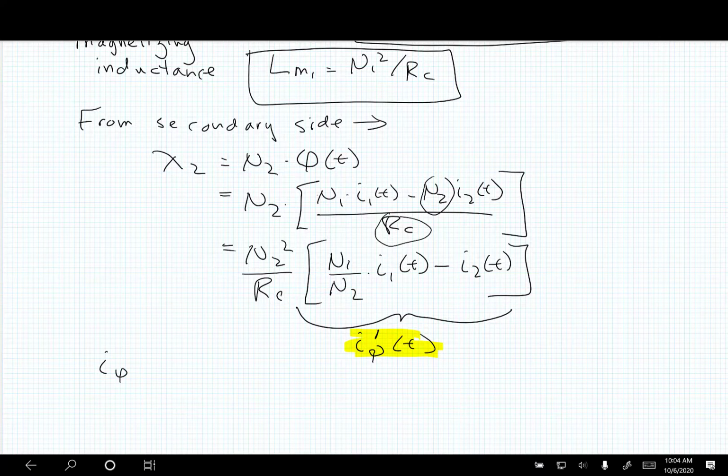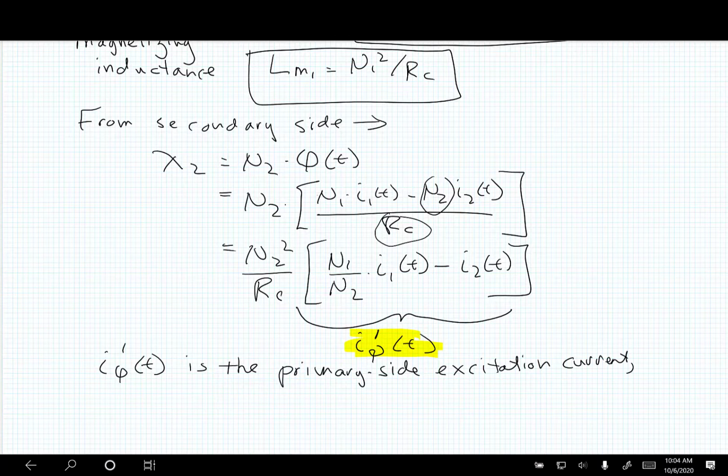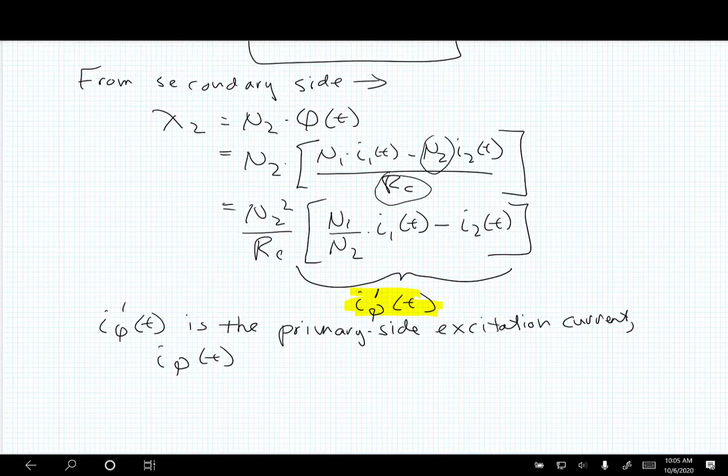I prime of t is the primary side excitation current I phi of t referred to the secondary side.